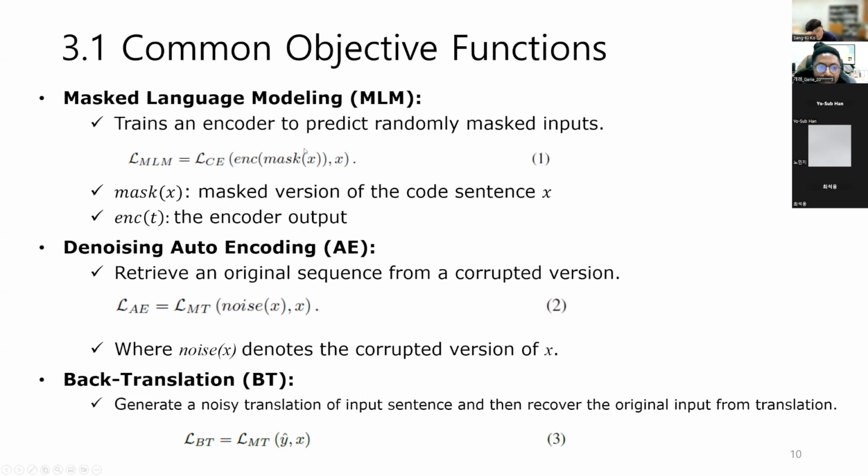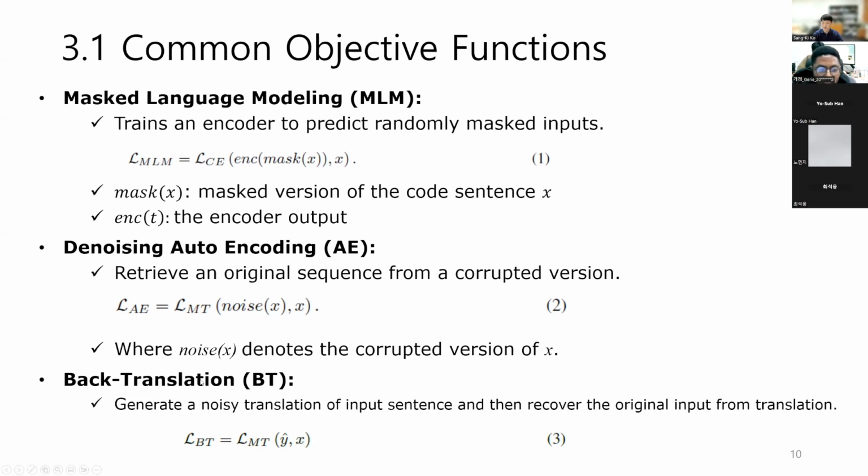It masks some amount of its data, then reconstructs it, using the cross entropy function to compute its objective. Denoising takes some noise from the input sentence, then computes the objective using the machine translation loss function.